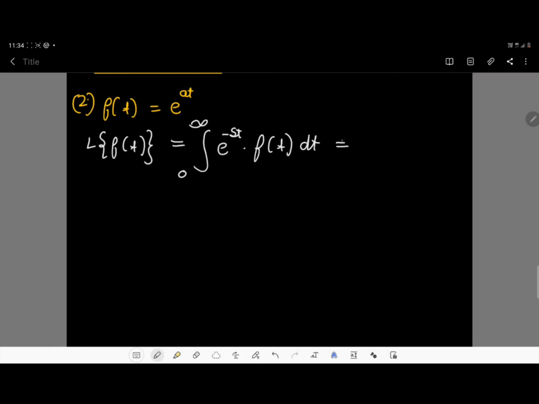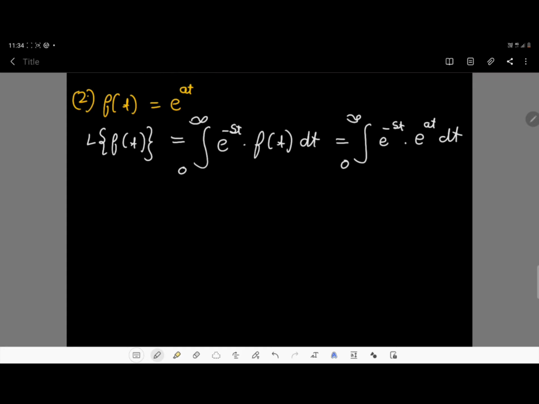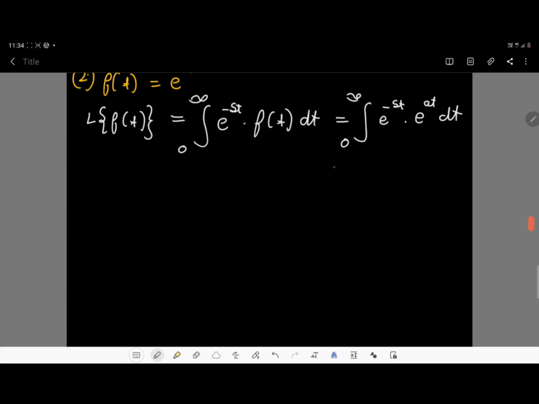Okay, now putting the values again, 0 to infinity, e raised to power minus st into e raised to power at dt. Okay, now again using indices, this will become e raised to power t common, a minus s.